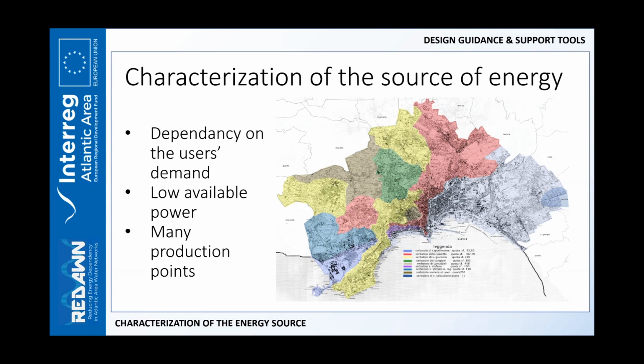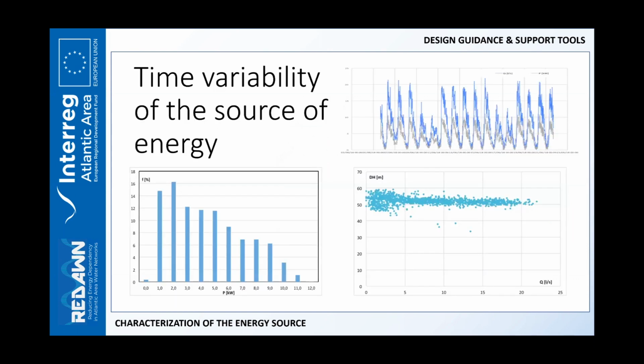So we have a great amount of energy that is spread in many spots of low power. This is just an example of a water distribution network, a possible production point along a water distribution network.